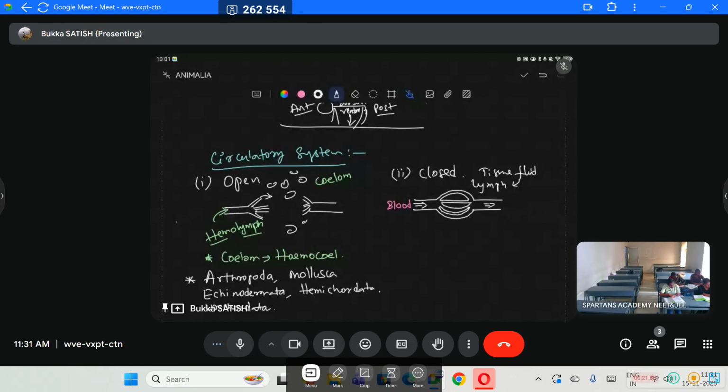Right, coming to the closed, other phyla or taxa, including cephalopod mollusks. I'll just simply write Cephalopoda.